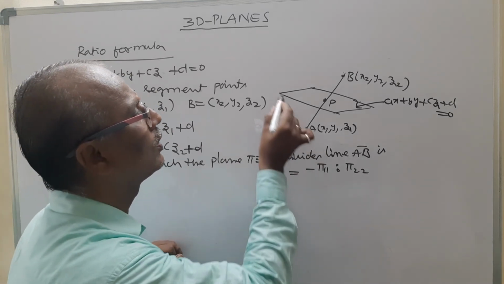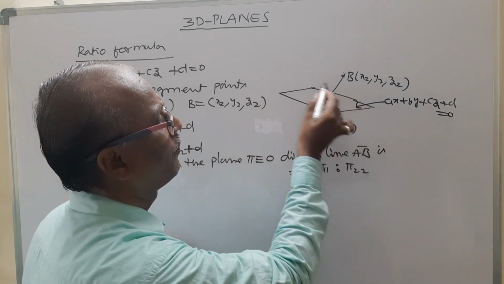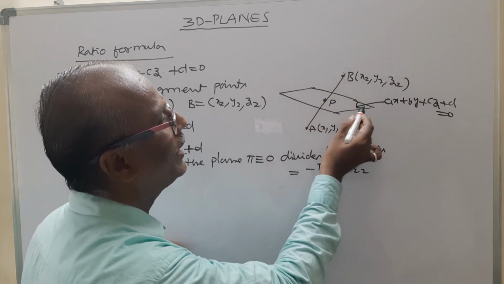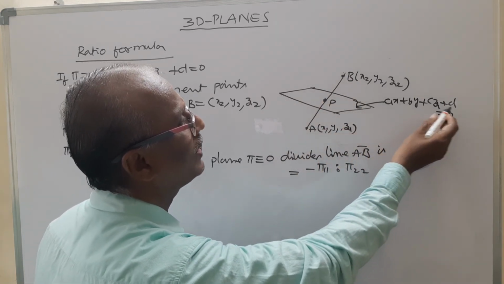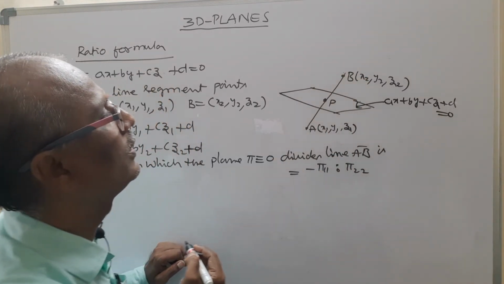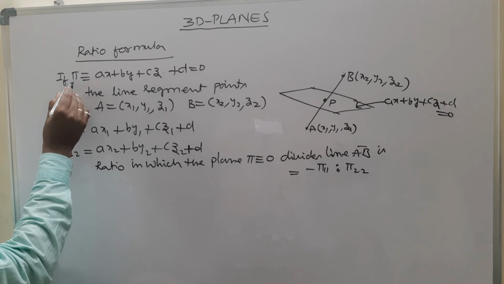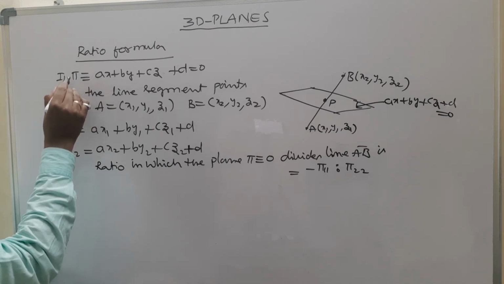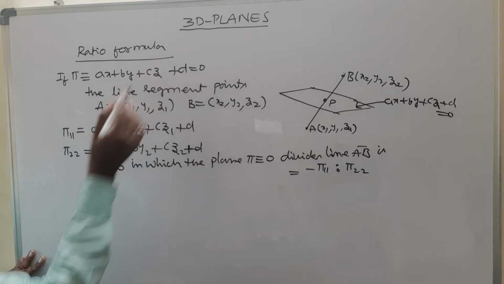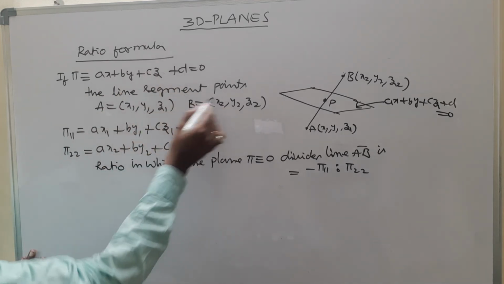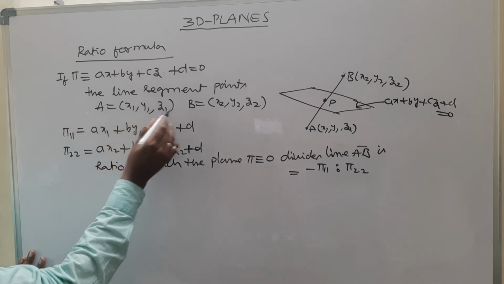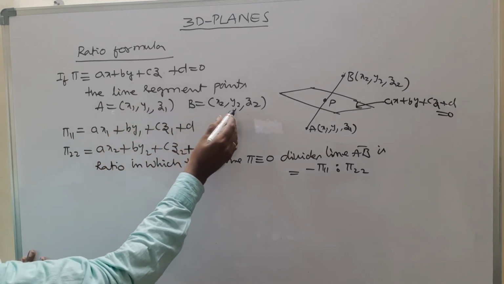Here the ratio in which the plane ax plus by plus cz plus d equal to 0 divides the line segment AB. Here the plane general form, denoted by pi, is ax plus by plus cz plus d equal to 0. The line segment endpoints are A equal to x1 comma y1 comma z1, B equal to x2 comma y2 comma z2.